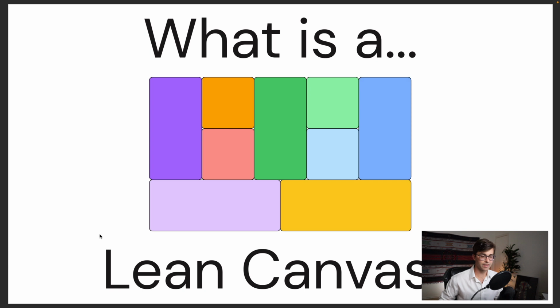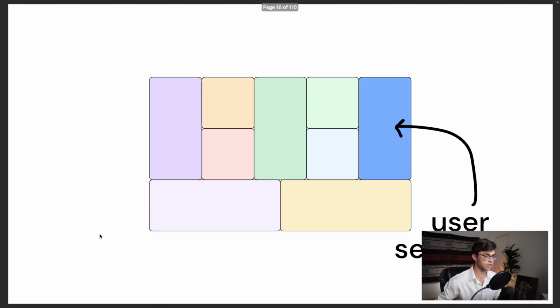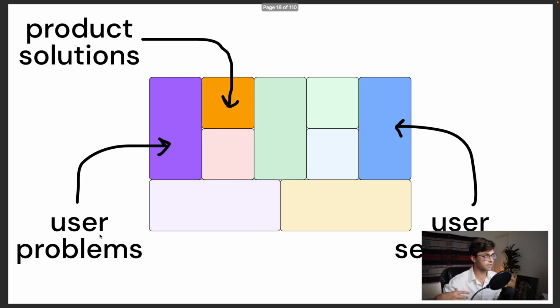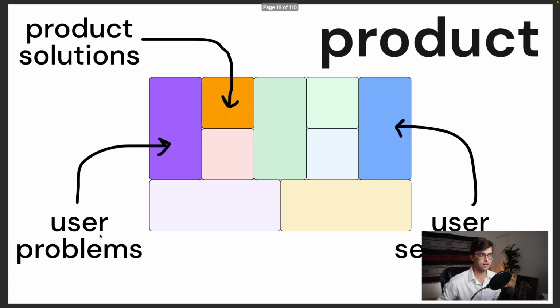Let me start by explaining what a Lean Canvas is very quickly for those who don't know. A Lean Canvas is a really good 5-minute summary on what a startup or a company is all about. So there are sections like who are the users that use the product, what are the user problems, and how does the product solve those problems. These are the product sections of a Lean Canvas.